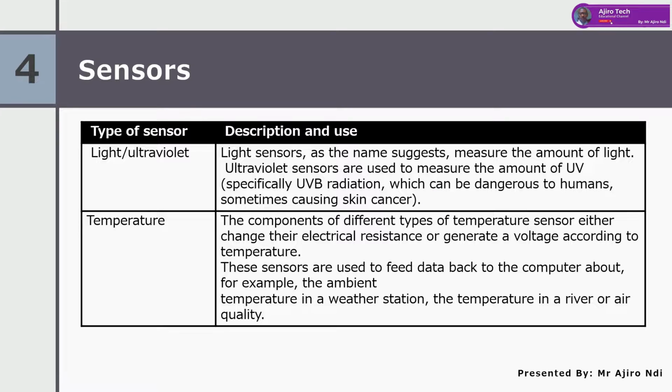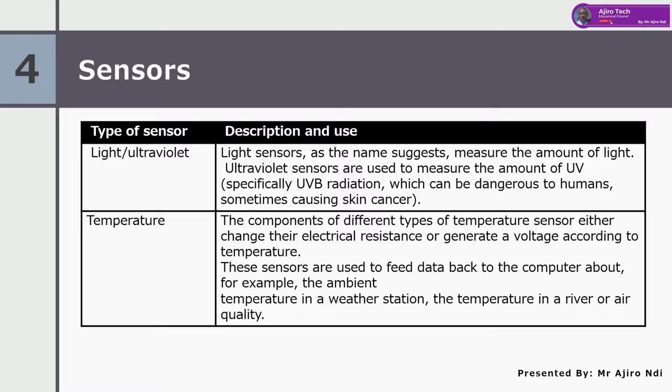Let's look at the next one. Temperature. Right there on your screen, the temperature sensor is used to feed data back to the computer. There's something I've written on your screen. It says that different types of temperature sensor either change their electrical resistance or generate a voltage according to temperature.